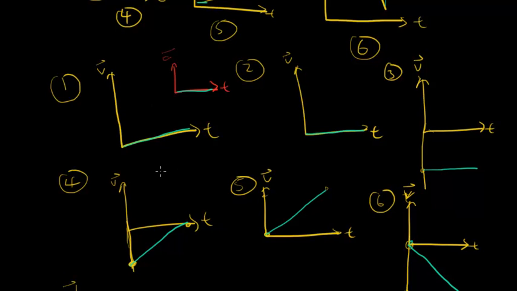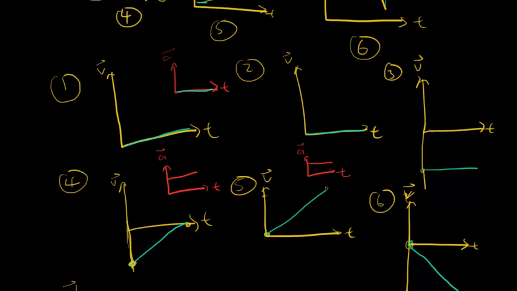How about the last 3? Well, for this one, the slope is positive and mildly steep, so it will be somewhere like that. And it's linear again because it's a straight line and it's constant. How about this one? It's the same as this one. Slope is positive still, and it's mildly steep.